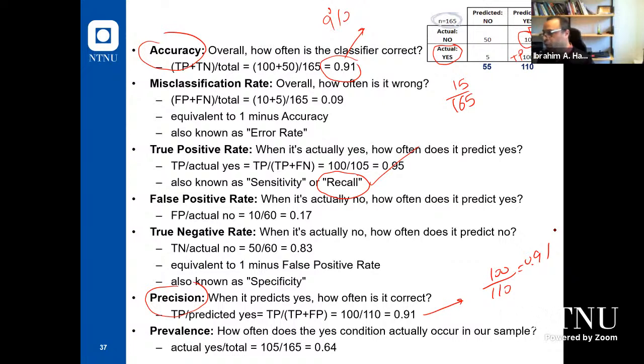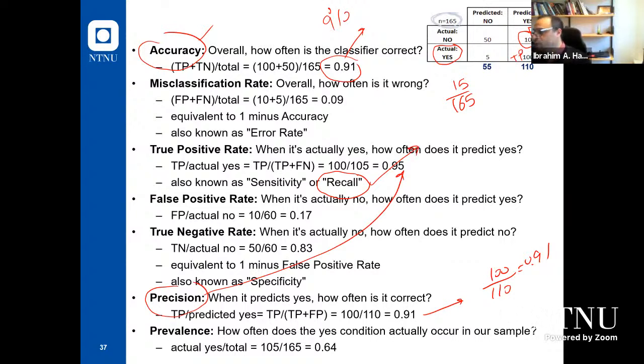Whenever you are working on a classification problem, maybe you don't really need the whole confusion matrix, but there are numbers which are important. You need to get accuracy, or maybe prediction error, for example. You need to get precision and recall.